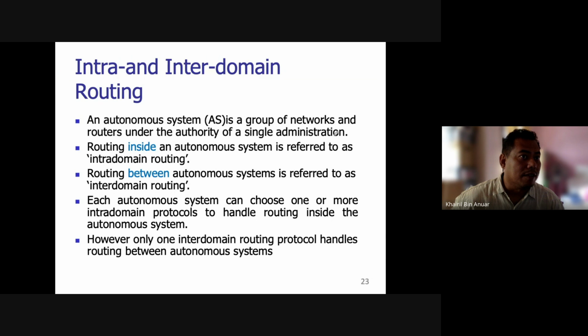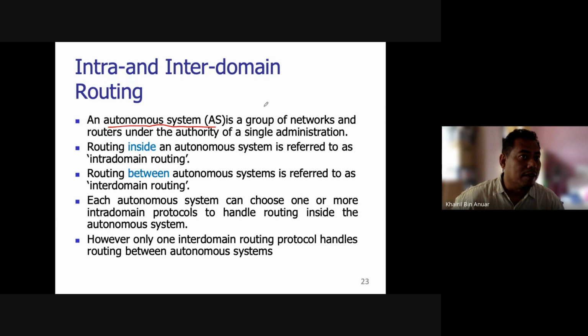So here it mentions the autonomous system. This is the definition: a group of networks and routers under the authority of a single administration. It can have switches and routers that perform the network function, and it is managed by a single administration, and that is called the autonomous system.